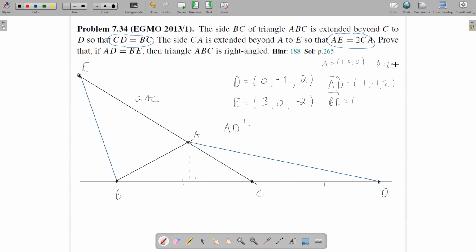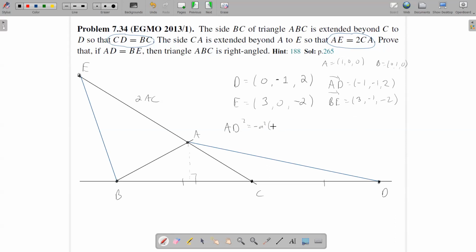And similarly, the displacement vector BE will be, since B is 0, 1, 0, 3 minus 0, 0 minus 1, minus 2 minus 0. So these are the displacement vectors.